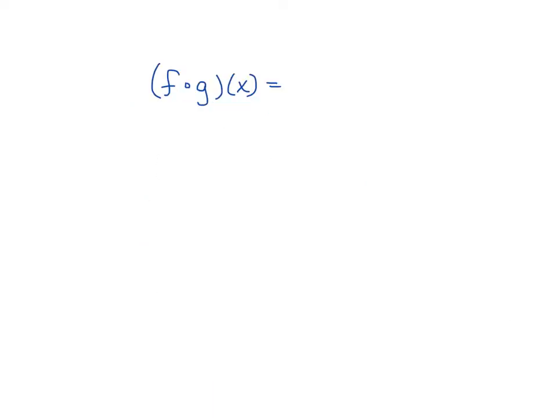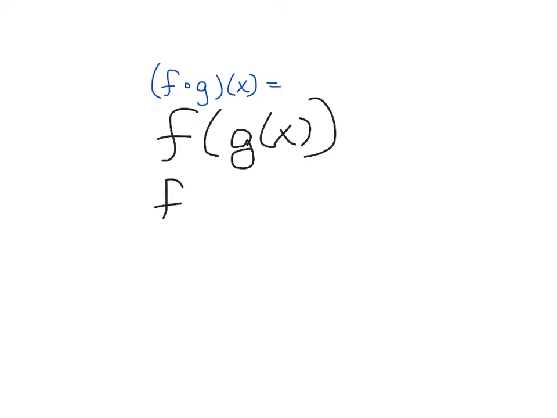We're going to find the composite function of f and g. So again, we're going to take the f of x function, and we're going to plug in the g of x function. So essentially what we're finding is f of 2x squared plus 5x.